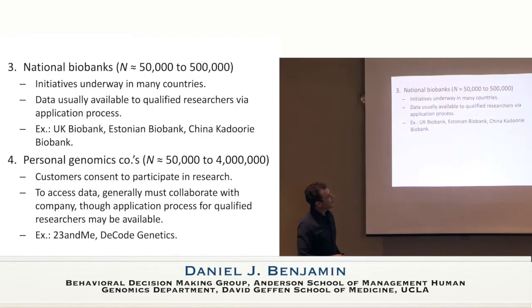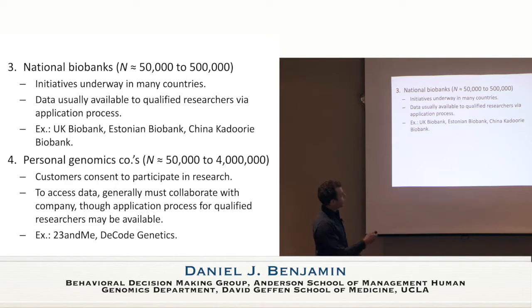Third kind of data set are national biobanks, and these have really only come on the scene in the last 5 years or so, because the UK Biobank was the first and became available in 2016. But now there's a number of others, the Estonian Biobank, the China Kadoorie Biobank, and a lot of other countries have initiatives to create biobanks, including the US.